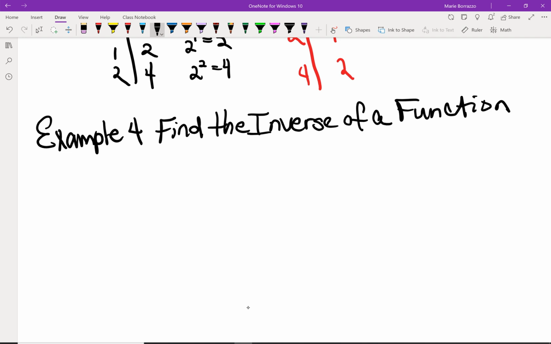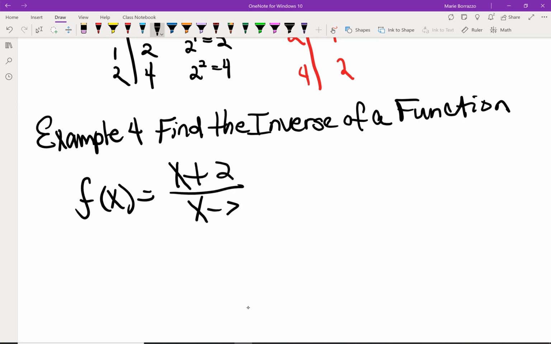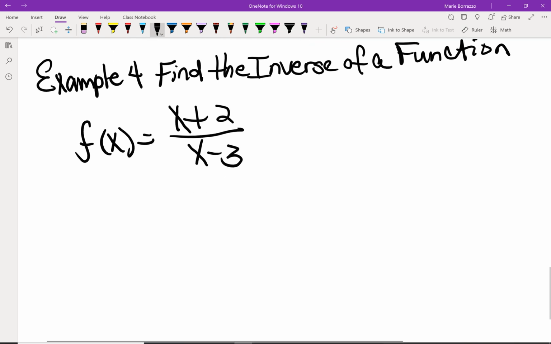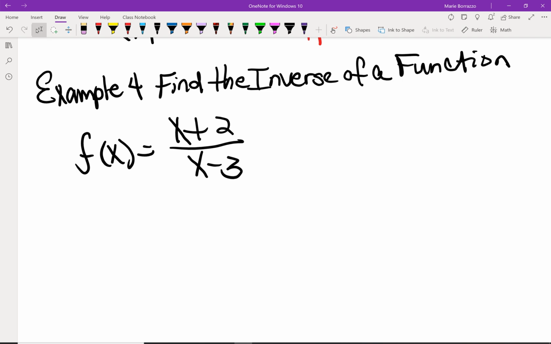They give us the function where f of x is equal to x plus 2 over x minus 3. Looks complicated, huh? It's actually very easy.